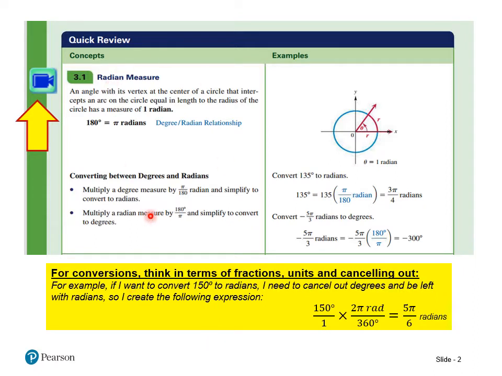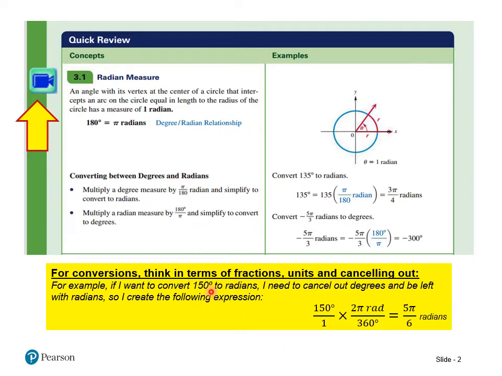When you're doing conversions, instead of remembering that multiplying a degree by pi over 180 converts it to radians, I tend to think more in terms of fractions, units, and canceling out. For example, if I want to convert 150 degrees to radians, I have to remember, do I multiply by pi over 180 or do I multiply by 180 over pi? Well, I don't do either of those.